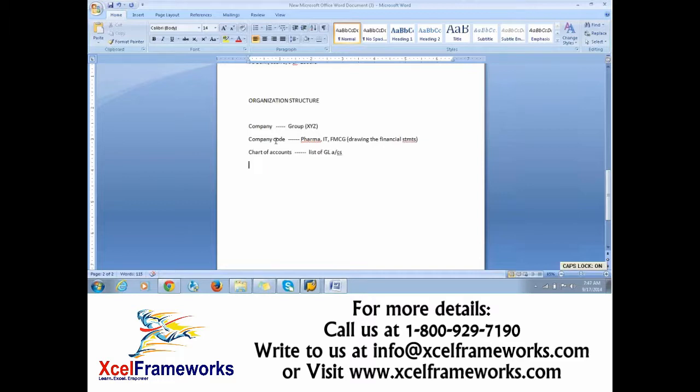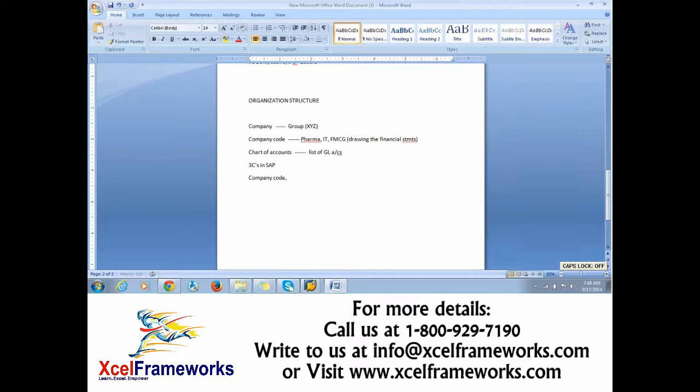So all these three C's we call as 3 C's in SAP. What are these 3 C's? Company, company code, chart of accounts, but we have currency also.